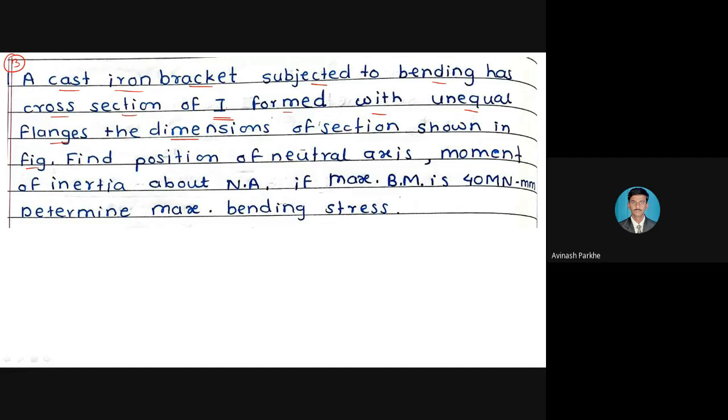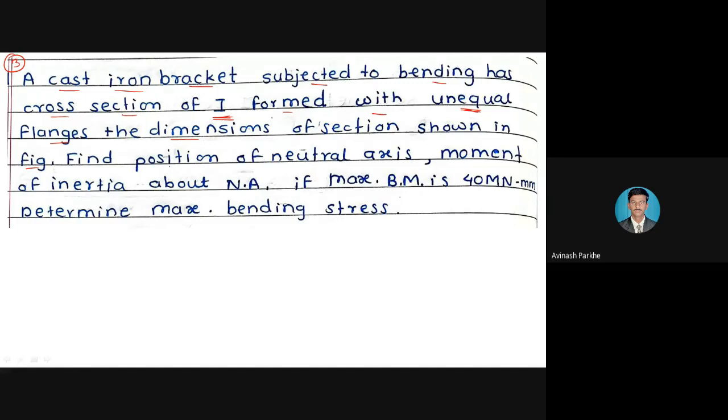But here in the statement, the type of section is given as a capital I, no problem. But the flanges are unequal, which means the type of section is an unsymmetrical I section, and the figure is already given. Okay, I will draw that particular figure.